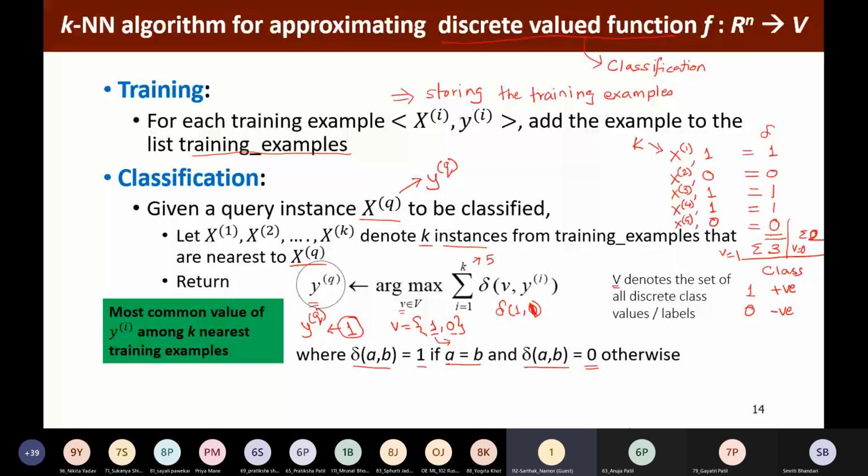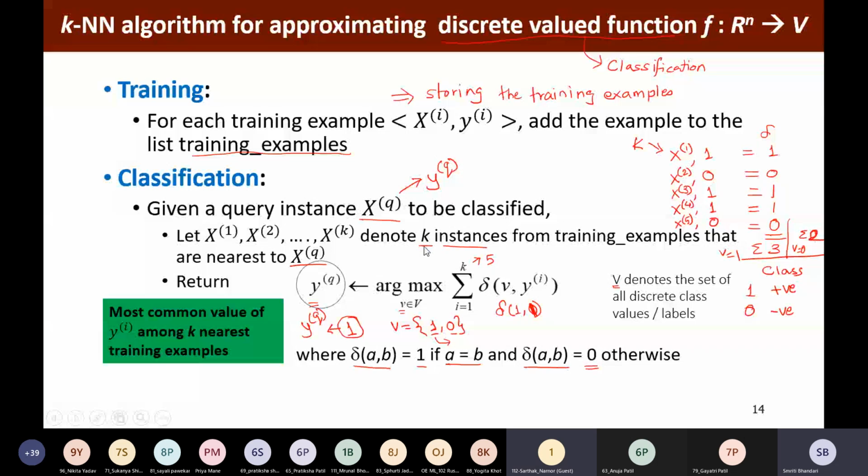Ma'am, here delta is the Euclidean distance, right? No. Delta is not a Euclidean distance. In the earlier slide, we computed the Euclidean distance, and based on that Euclidean distance, we identified k instances that are closest. Yes, ma'am. Right?